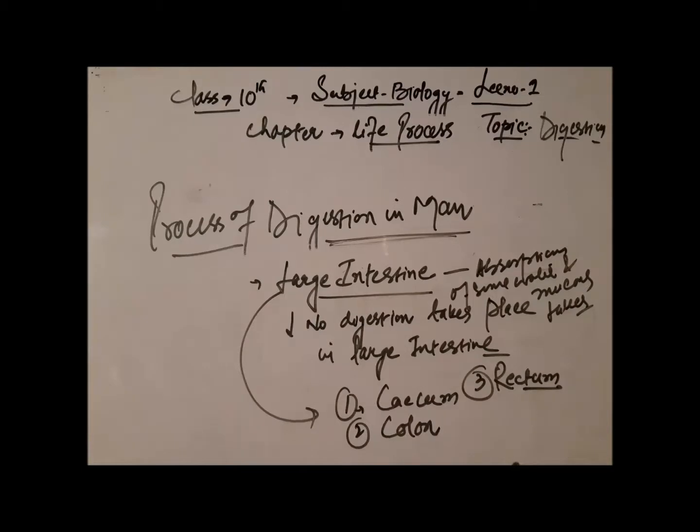The rest, the undigested food, is passed through these three parts of the large intestine and ultimately reaches the rectum. And from the rectum, the undigested food is expelled through the anus.